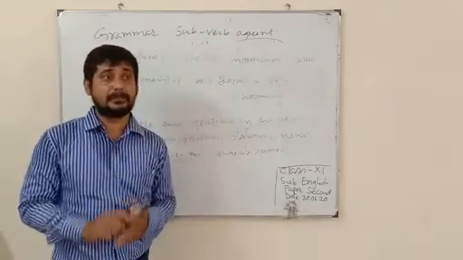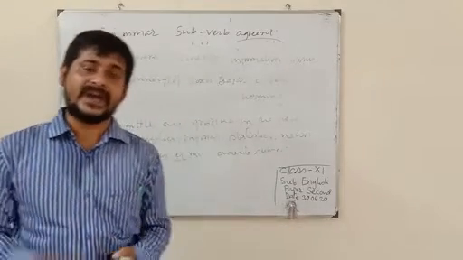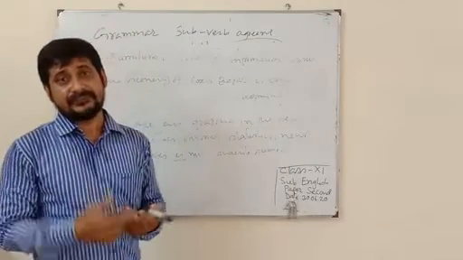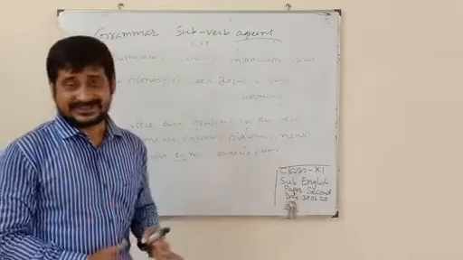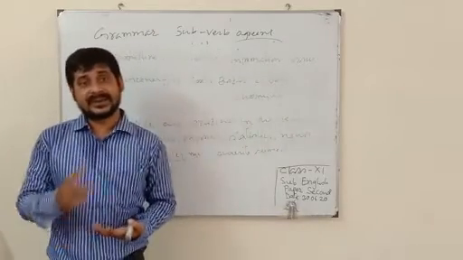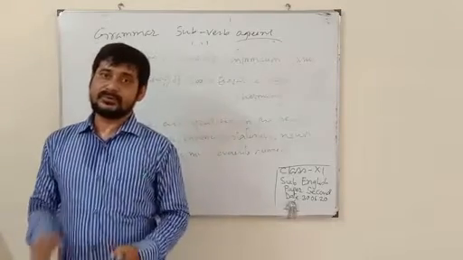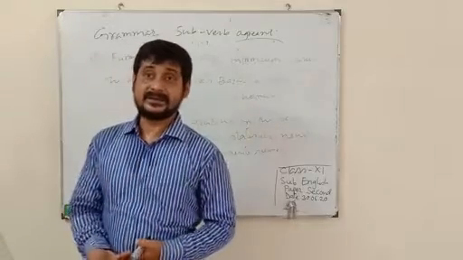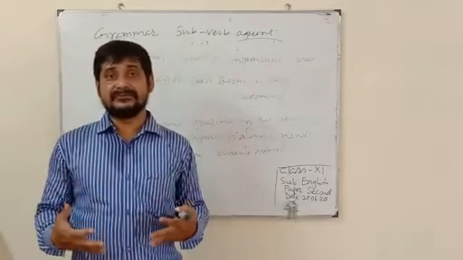So if we want to make a meaningful sentence, we have to know which subject is singular and which is plural. So we have to practice subject-verb agreement at home, and try to make meaningful, correct sentences.